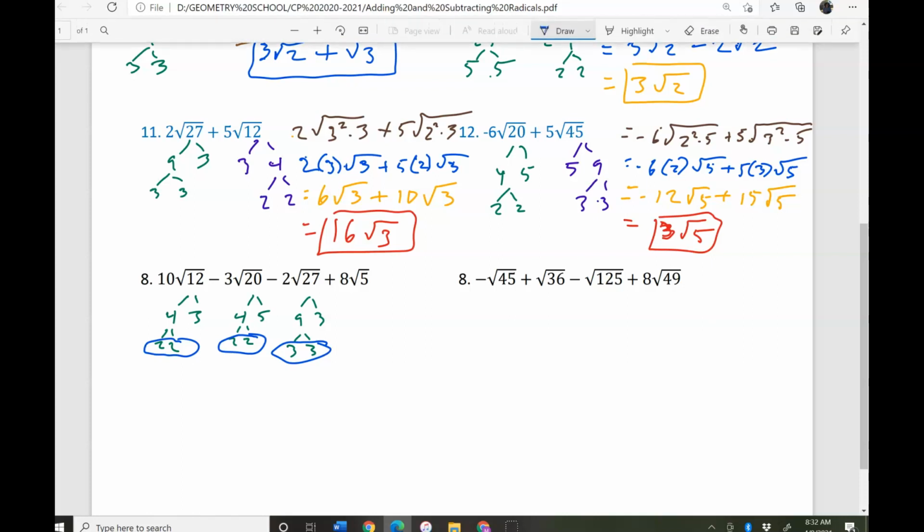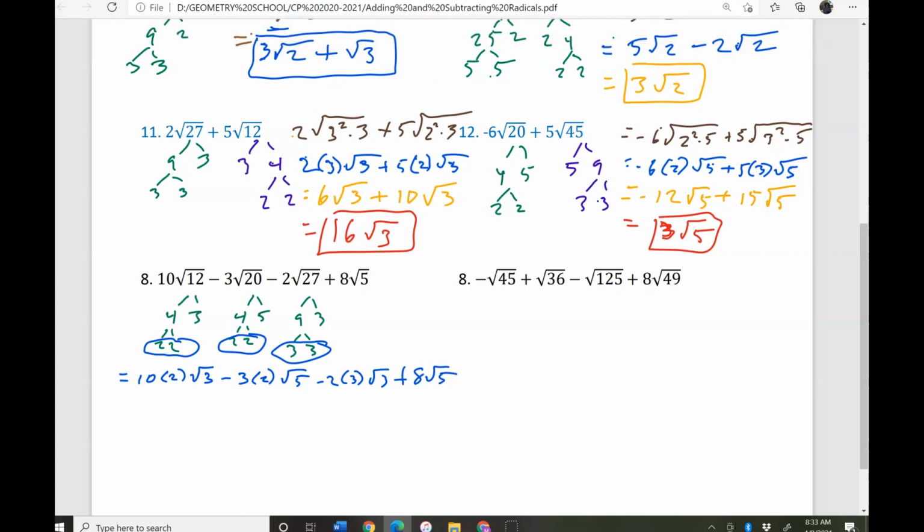Okay, so this is going to be 10 times 2 square root of 3, minus 3 times 2 square root of 5, minus 2 times 3 square root of 3, plus 8 square root of 5. And then again, I'm simplifying, ladies and gentlemen.